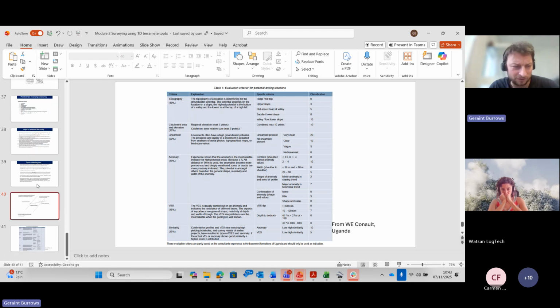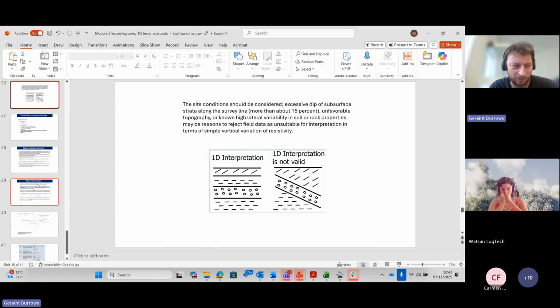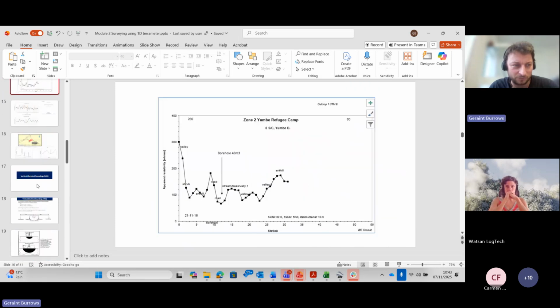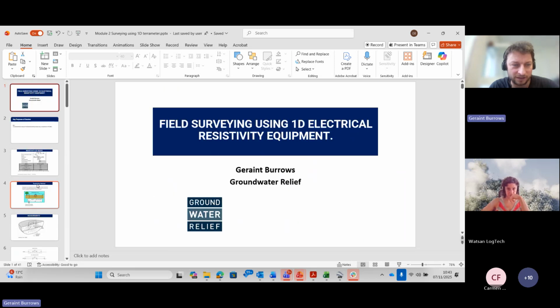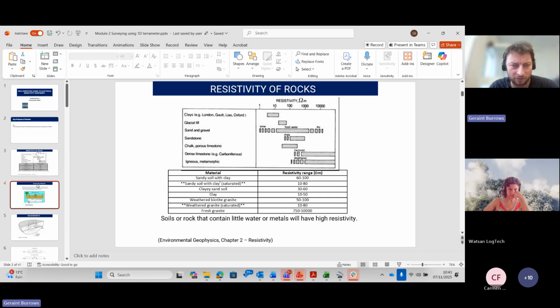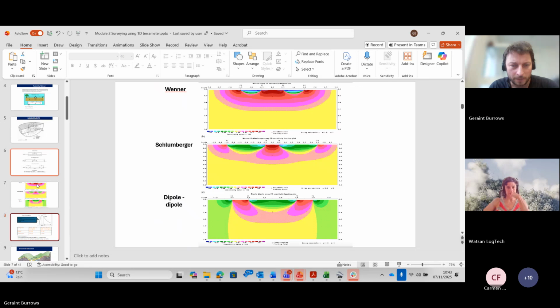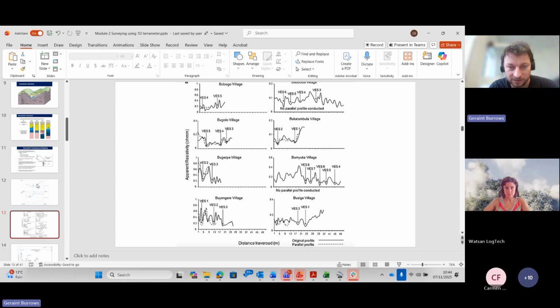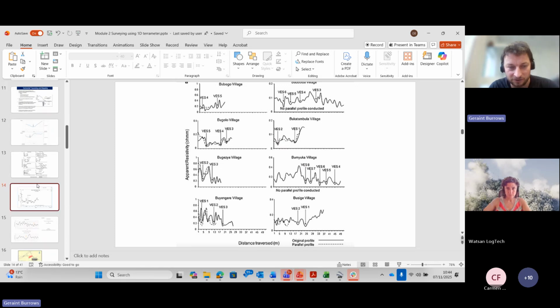Any questions that have come up since regarding how to carry out 1D surveying? Do you have a better picture now of the way you would go about doing it? So you first start with the constant separation traversing, you find anomalies within that, and then you carry out your vertical electrical sounding.